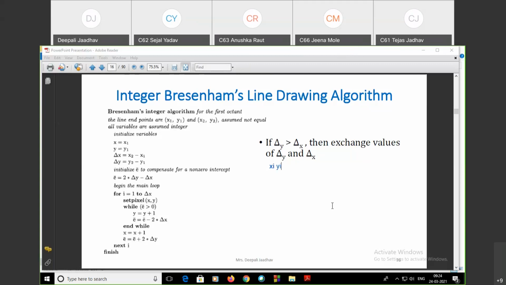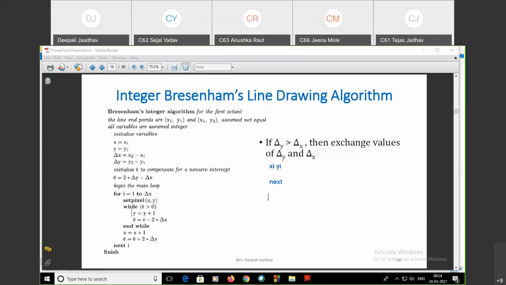The next one that I am going to use is xi plus 1, yi plus 1. But at this time, whether to increment both xi and yi depends upon the error term. If the error term is positive, then only we increase the value of y by 1.